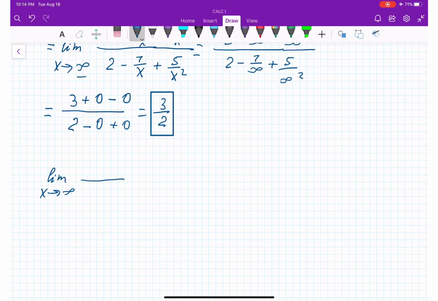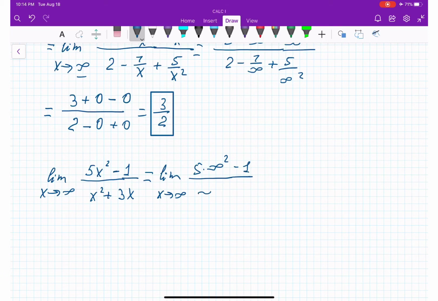In the numerator we have 5x squared minus 1 and x squared plus 3x. So if we plug in infinity, we are going to get 5 times infinity squared minus 1 and infinity squared plus 3 times infinity. So we are getting infinity over infinity as a result.